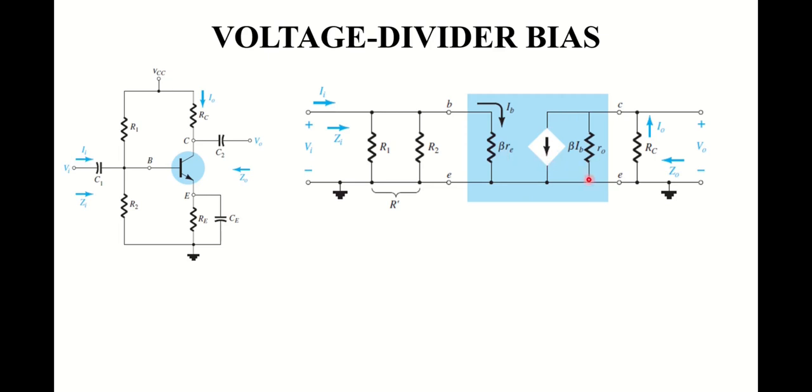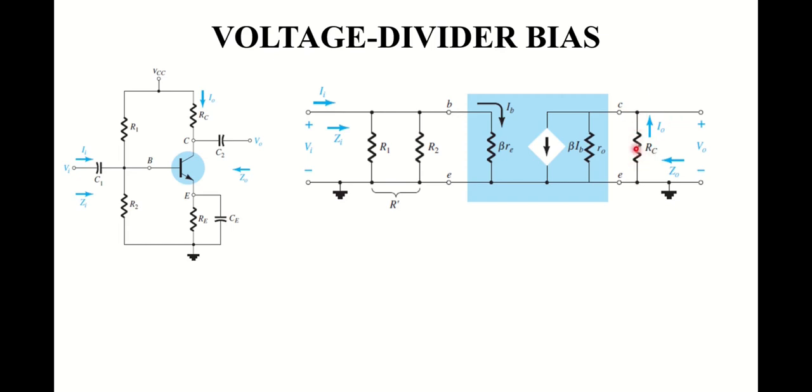Then on the output terminal we have two circuit elements, a constant current source with the magnitude of beta IB and a resistor R0 connected to it. The remaining circuit is the same.